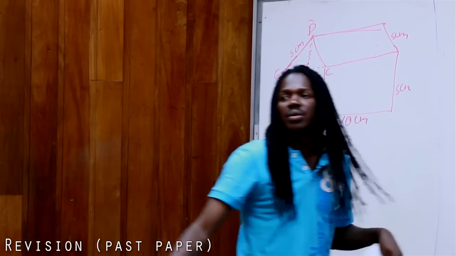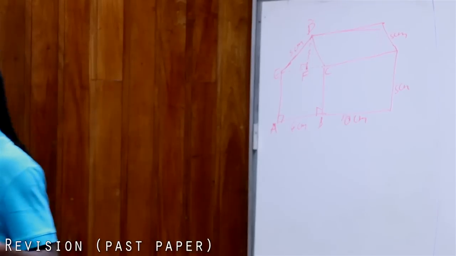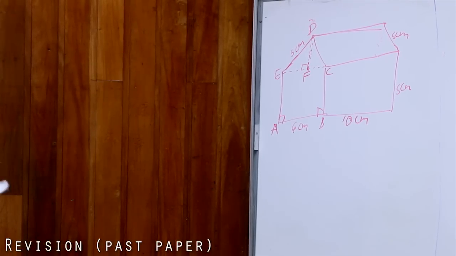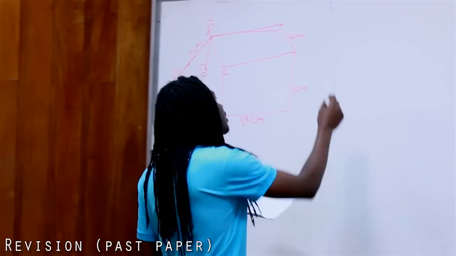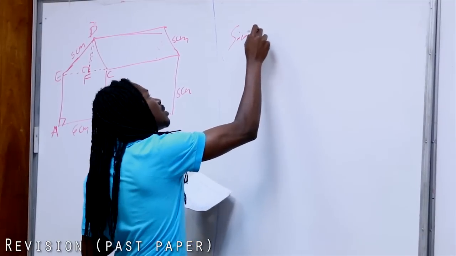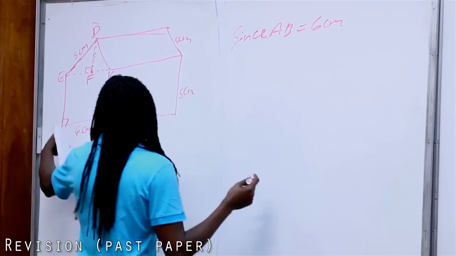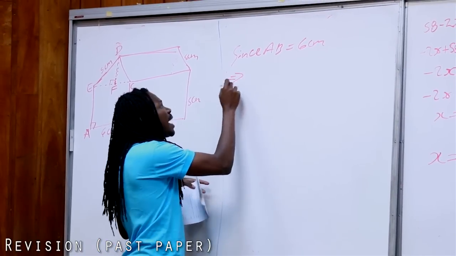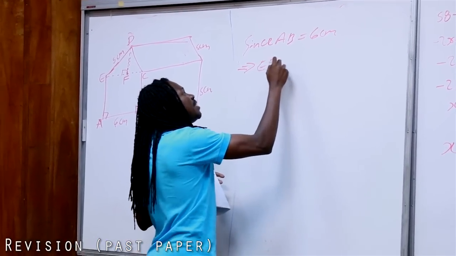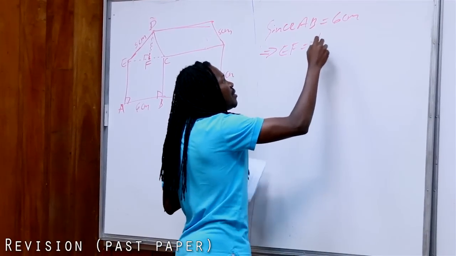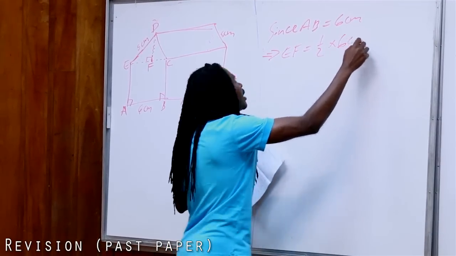Now look at this. It's not drawn to scale. But since AB equal to 6 centimeter, it implies that EF equal to a half times 6 centimeter.